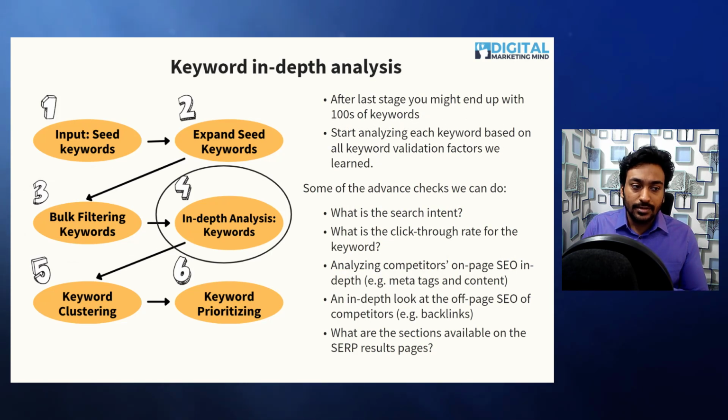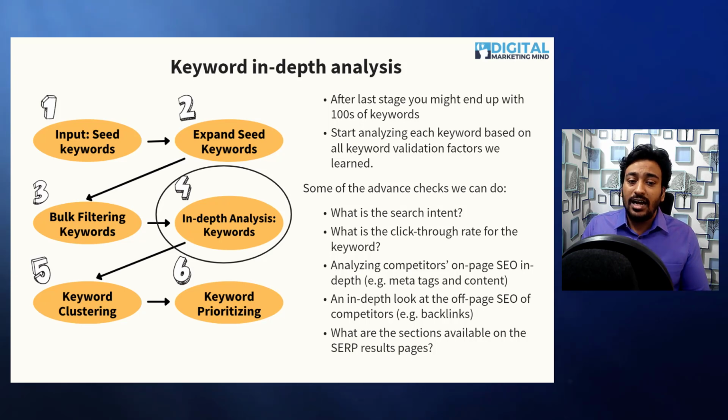The next step is going to be the keyword in-depth analysis process, where after the bulk analysis, we will end up with a much more manageable keyword list. Here what we are going to do is go into each of these keywords and start analyzing each keyword based on all the keyword validation factors which we learned in our keyword research guide.